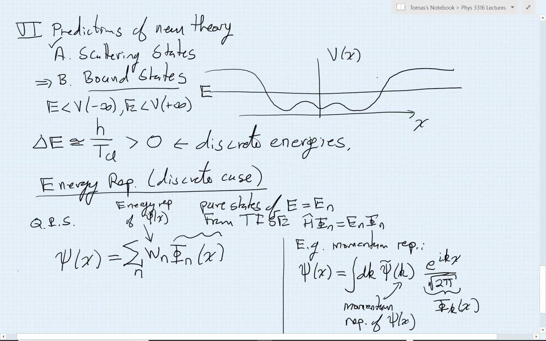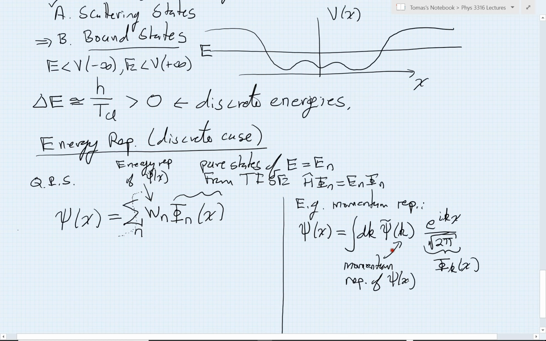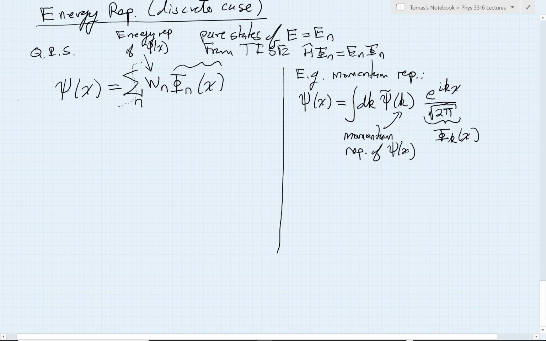I would then have to supplement this sum with some kind of an integral. I'll just draw it in my usual notation with the integral sign, but I'm just going to do a slightly dashed version to remind you I'm not focusing on that case right now. Right now, let's just imagine I only have discrete energy levels and focus on those things that are particular to that particular case.